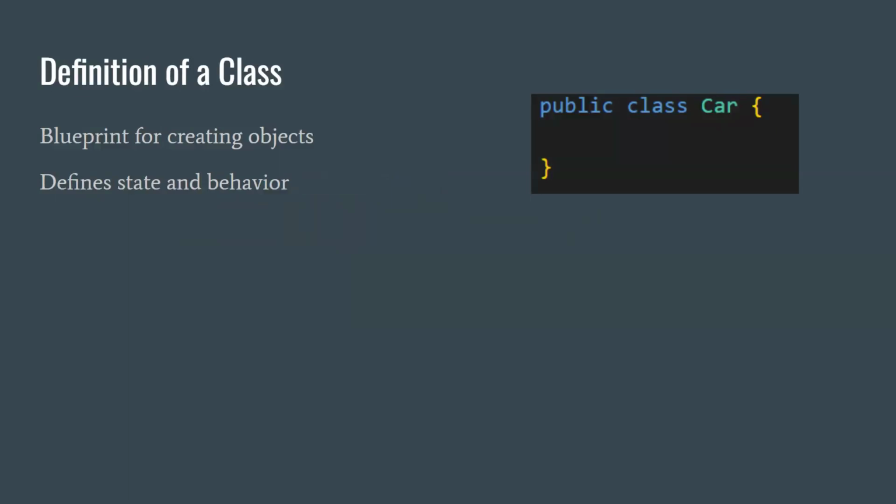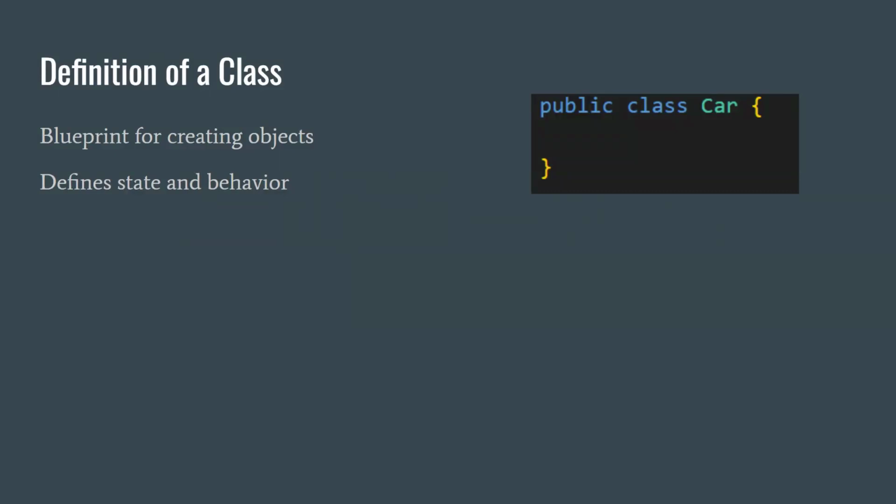Definition of a class. A class in Java basically acts as a blueprint for creating objects. It outlines the state, represented by attributes or fields, and behavior, represented by methods, that the object created from the class will possess.